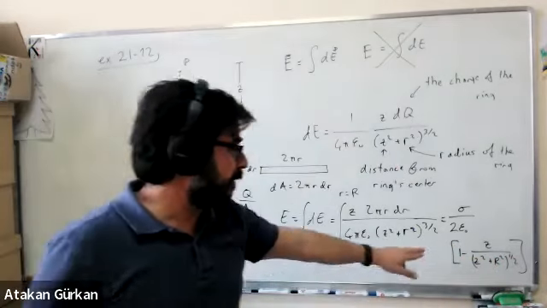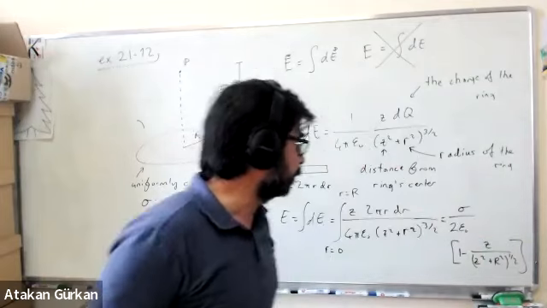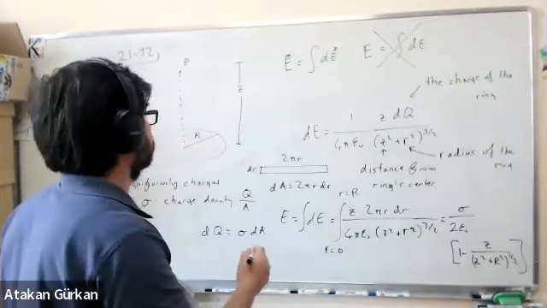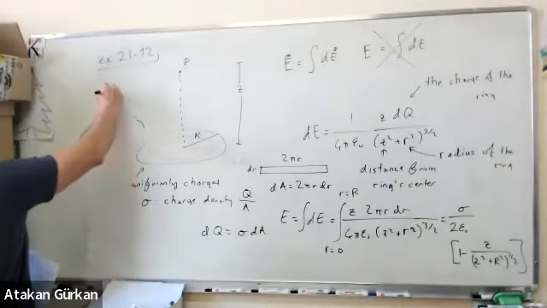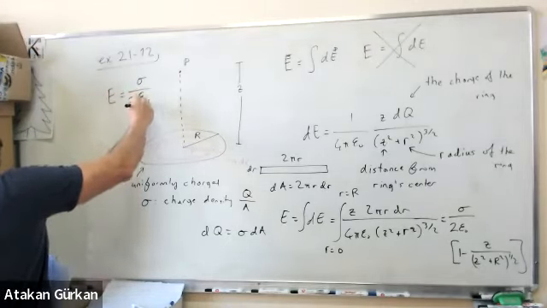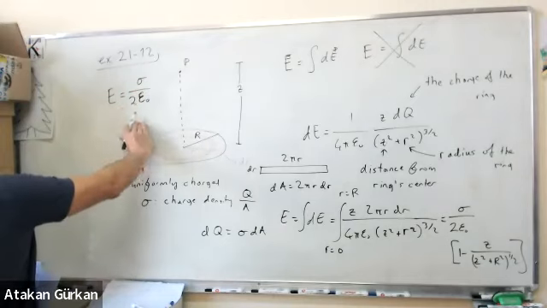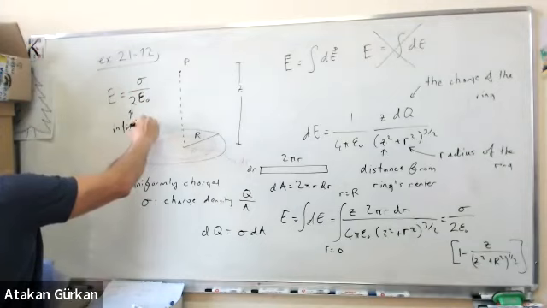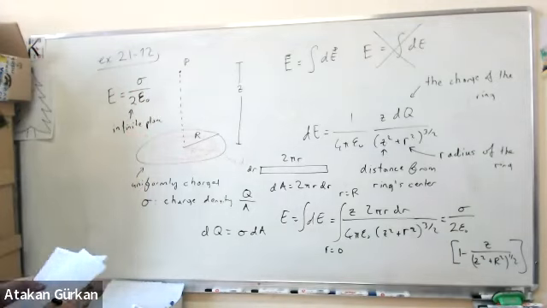And if that becomes 0, then this 1 minus 0 is just 1. You end up with sigma over 2 epsilon naught. Sorry. So this is for an infinite plane. This is the electric field produced by an infinite plane.